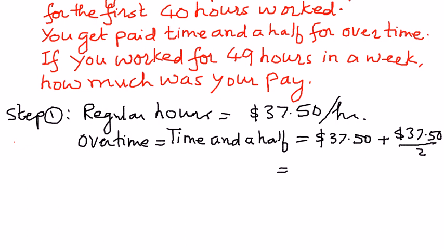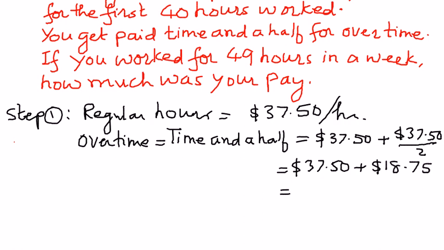So when we do the math here, the regular hours is $37.50 per hour, and for the time and a half for the overtime, $37.50 divided by 2 is equal to $18.75.